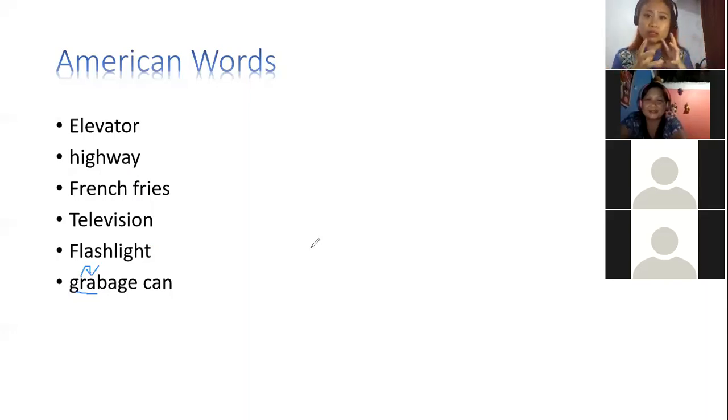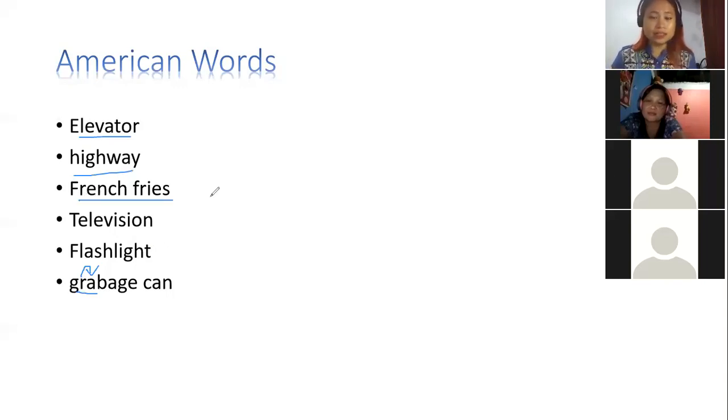So we have American words, because if you want to sound like an American, you have to be familiar with American words. You cannot use the other English words that American people don't use. For example, in America, they say elevator, not lift. Lift is used in British English in England. Highway, not motorway.